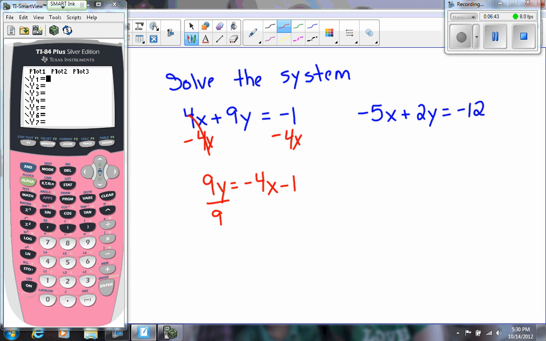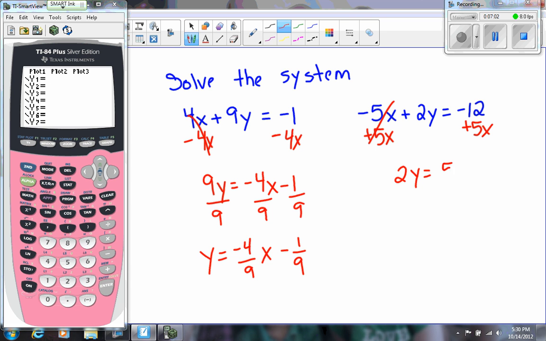Then I'm going to divide each side by 9, and I get y equals negative 4/9 x minus 1/9. Over here, I'm going to add 5x to both sides. So I get 2y equals 5x minus 12. Got to get y by itself, so I divide by 2, and I get y equals 5/2 x minus 6.